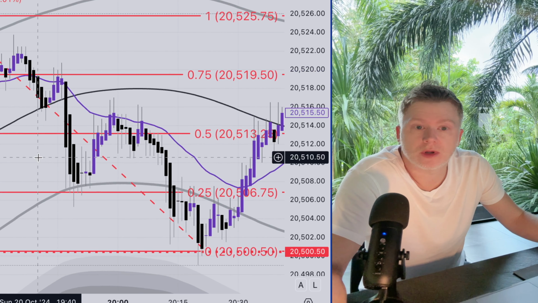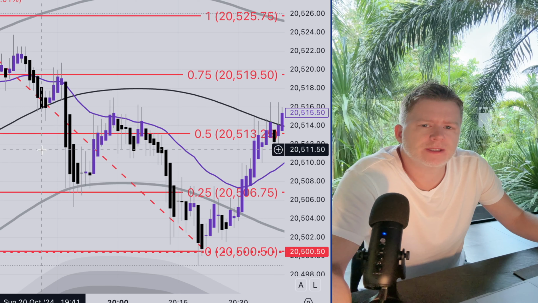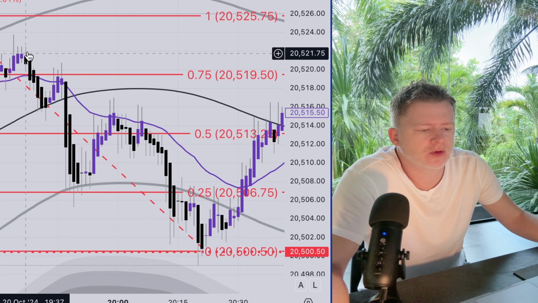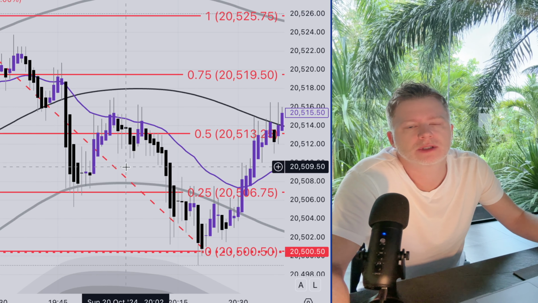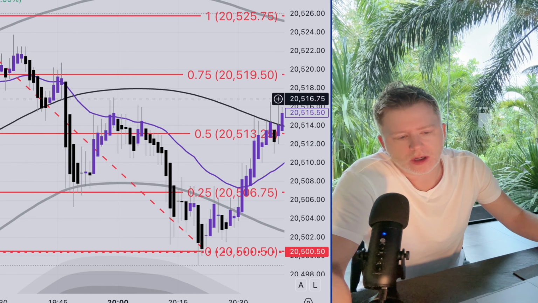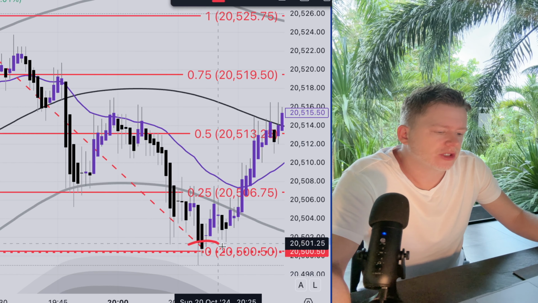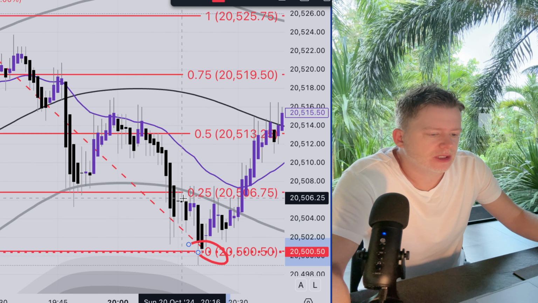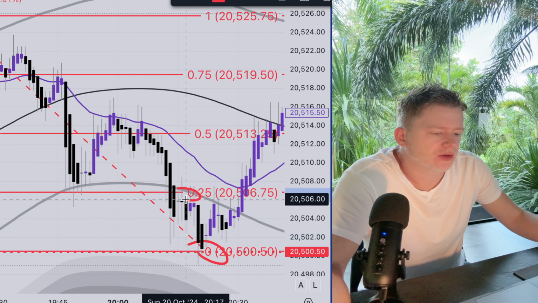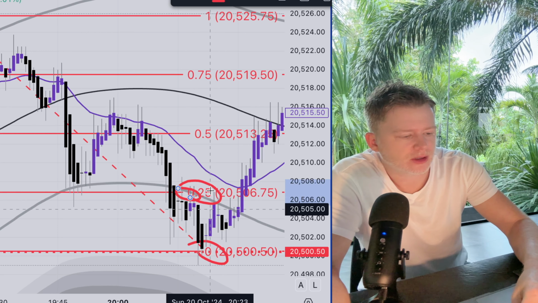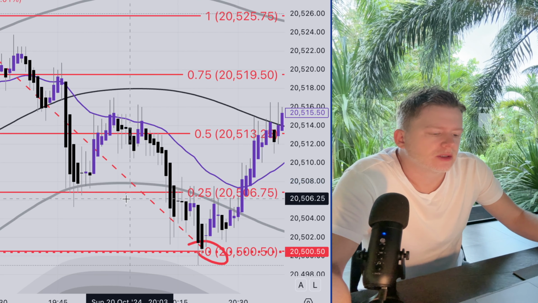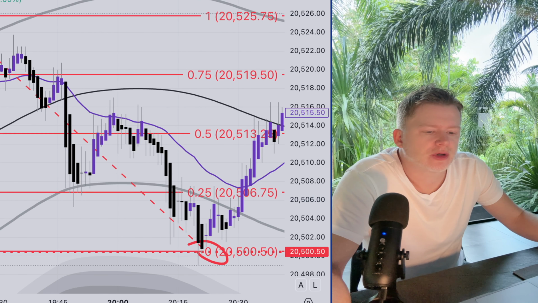Okay, and what happened? What do you see? Well, you've got the high to the low, now it's in 4 equal zones: 0% retracement, 25% retracement. So this is your actual entry criteria.